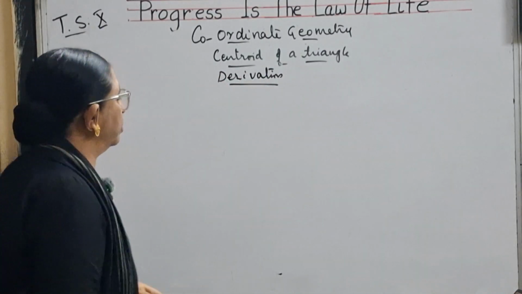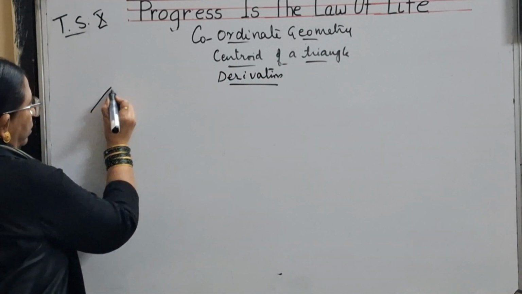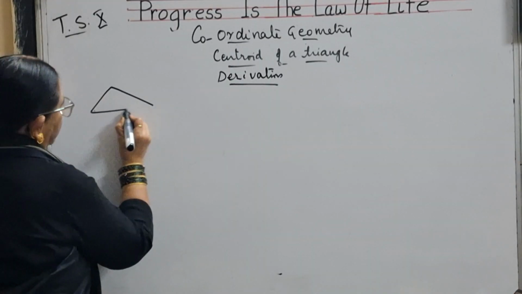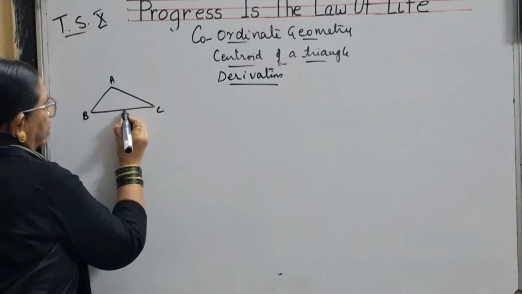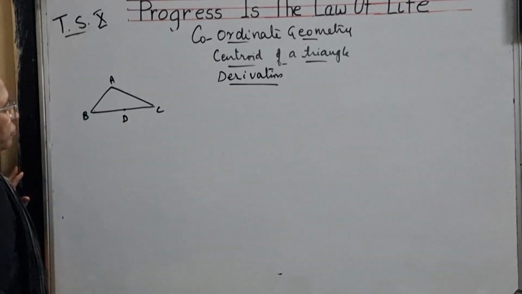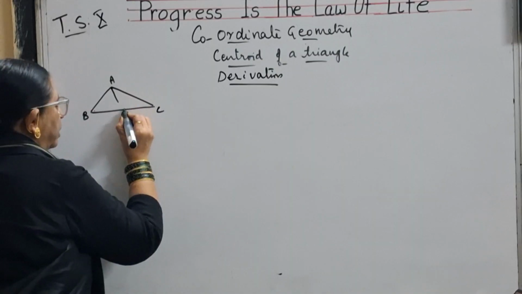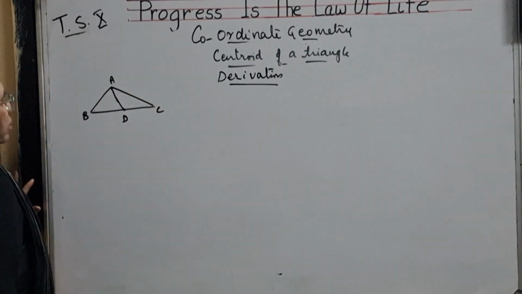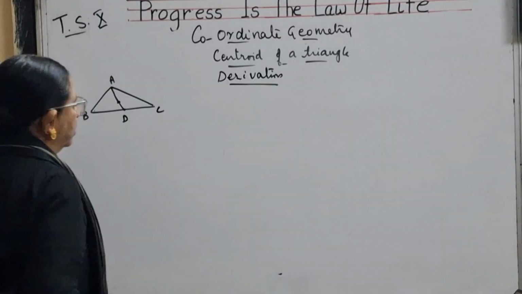Now let me talk about the derivation of the centroid of the triangle. If I draw a triangle like this, A, B, C, D is the midpoint of the line segment BC and AD is the median. As I said, I'm not drawing all the three, children, already I have explained.